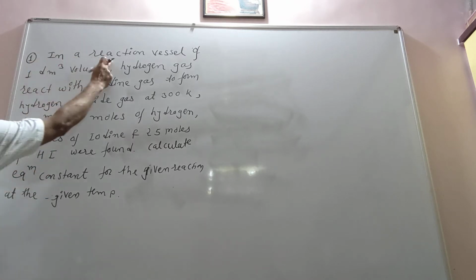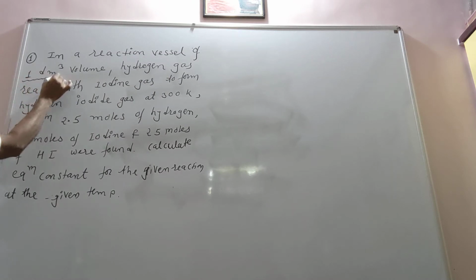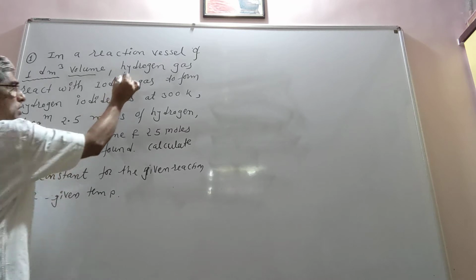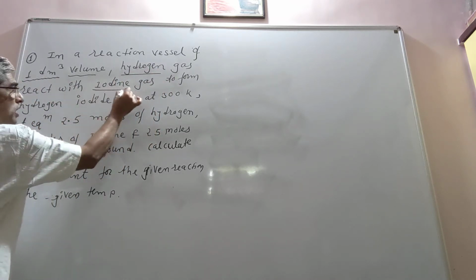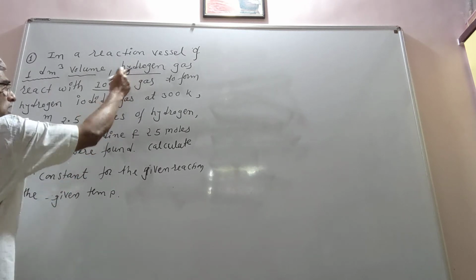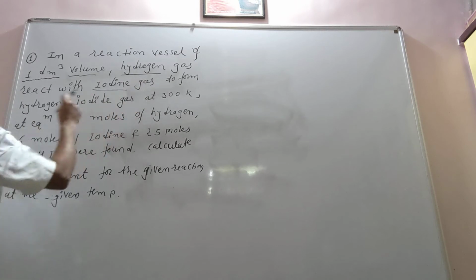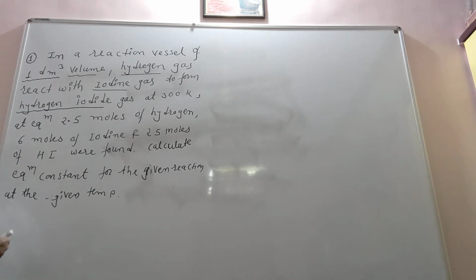In a reaction vessel of 1 dm cube of volume. Volume is given, 1 dm cube. Hydrogen gas reacts with iodine gas. These are the two reactants, hydrogen and iodine, to form hydrogen iodide, means the product is hydrogen iodide.